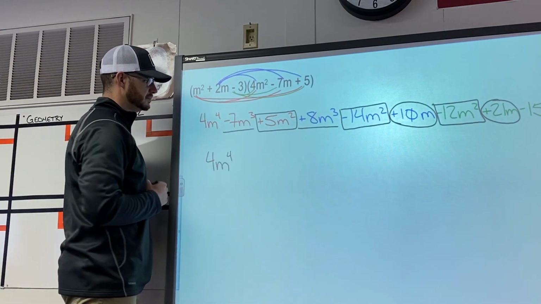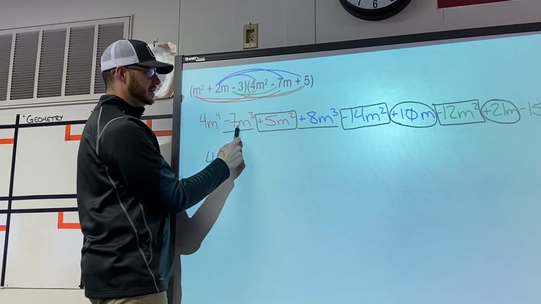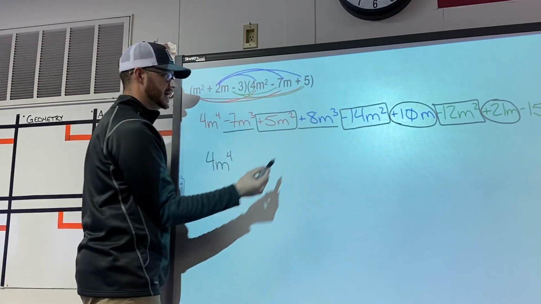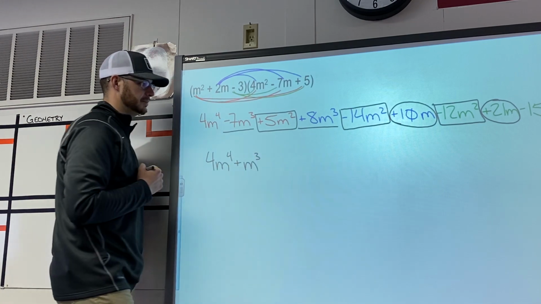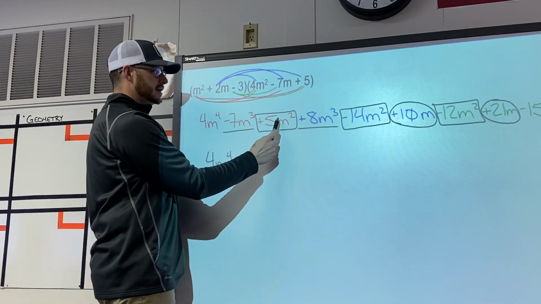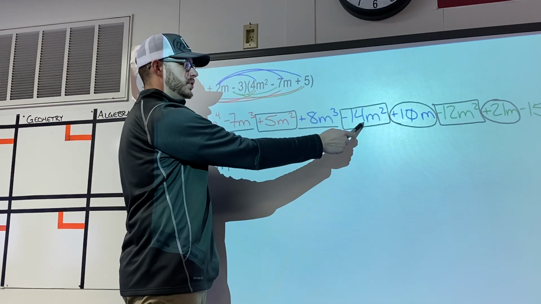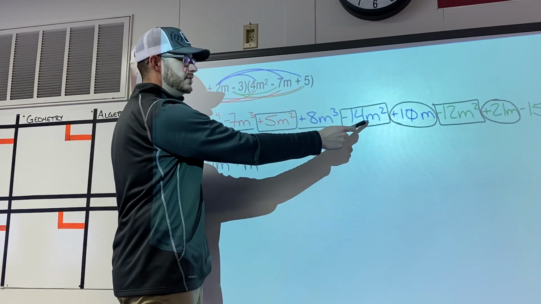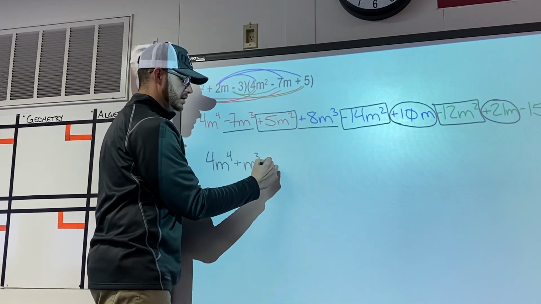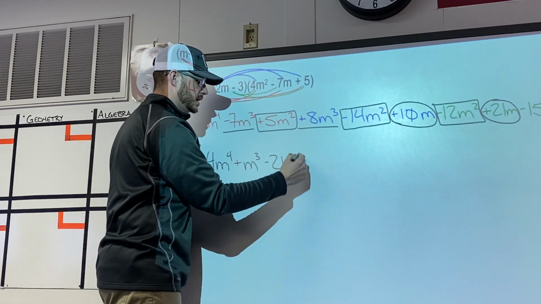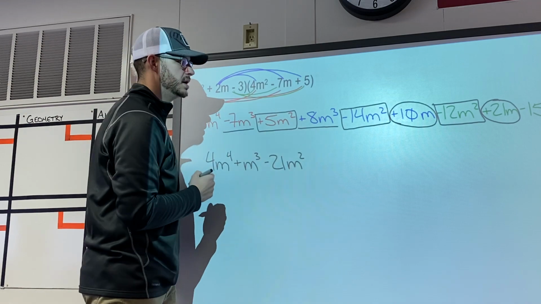We'll have 4m to the fourth. Negative 7m cubed plus 8m cubed would give us a positive 1m cubed. 5m squared minus 14m squared gives us negative 9m squared. Minus 12m squared gives us a negative 21m squared.